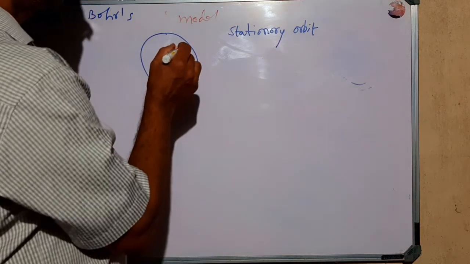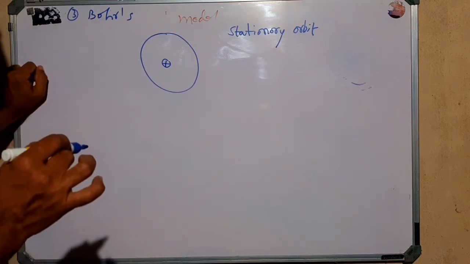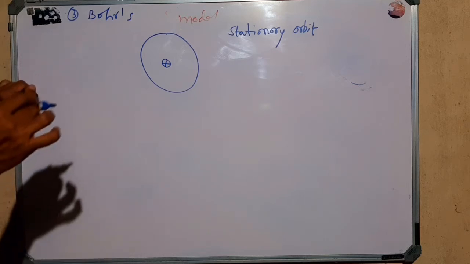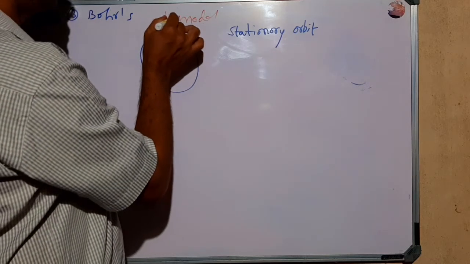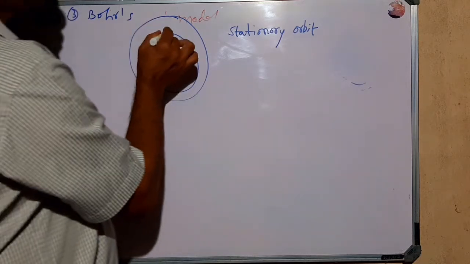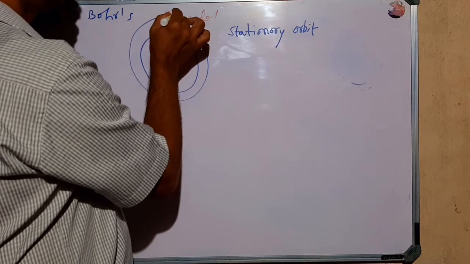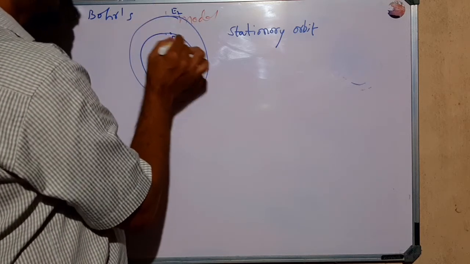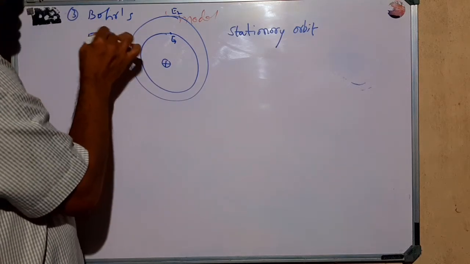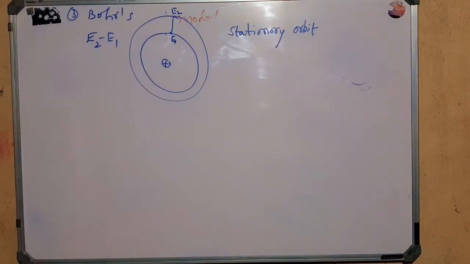The next point is the energy of the electrons is quantized. If you consider this is one orbit, this is the second orbit, if the electron gets excited from one orbit with energy E1 to another orbit with energy E2, then you supply an energy equal to E2 minus E1 and it gets excited.